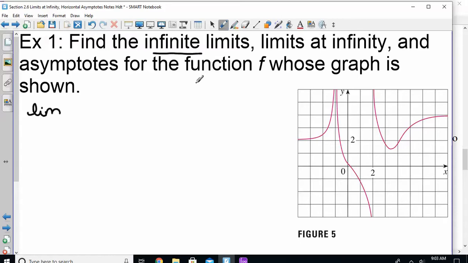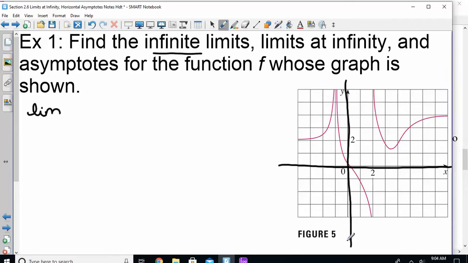So infinite limits. Are there any numbers where if I approach them, I would get positive or negative infinity for an answer? Okay, as x approaches what? This is my x and y axis here. So where is my graph going to positive or negative infinity?